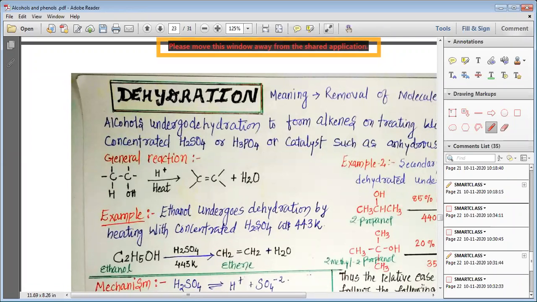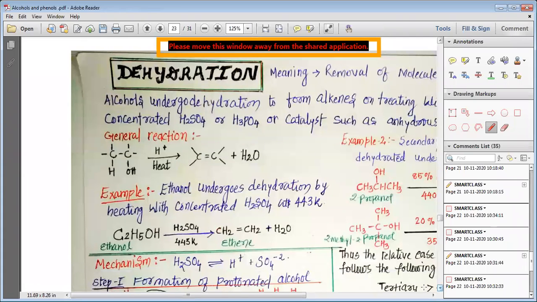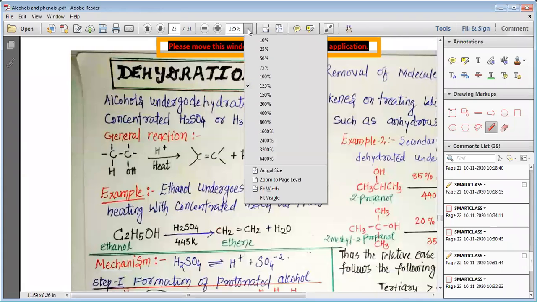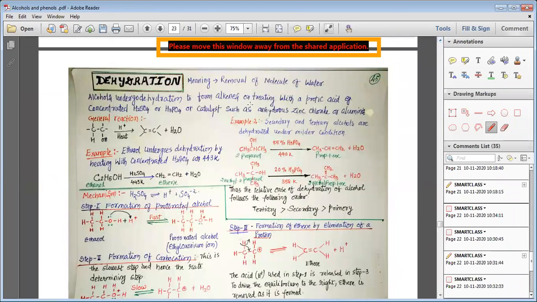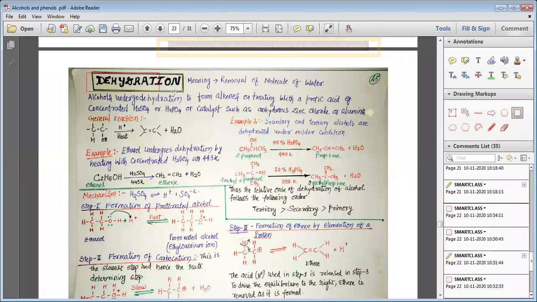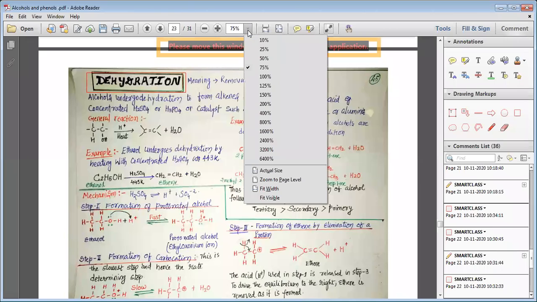In various exams. Now, my dear students, we are going to study a very important topic of this chapter, which is known as the dehydration reaction. So let us study the dehydration of the alcohols. Let me read for you the meaning of dehydration reaction.